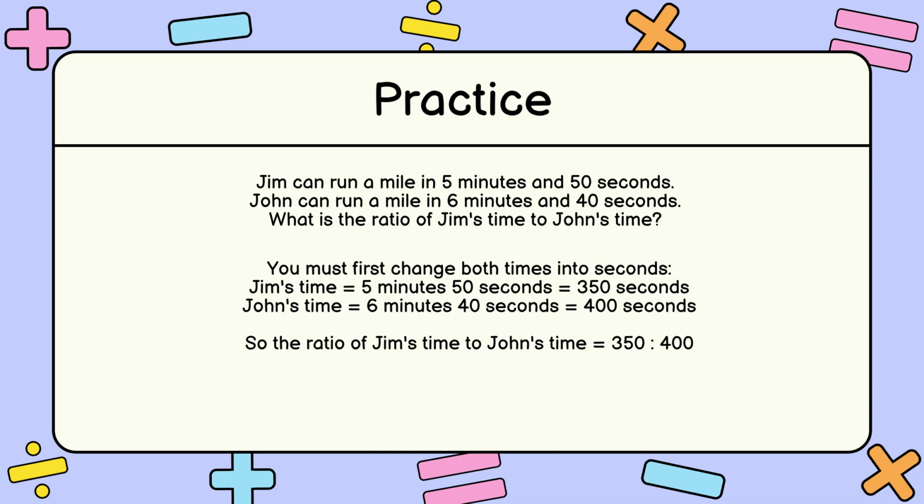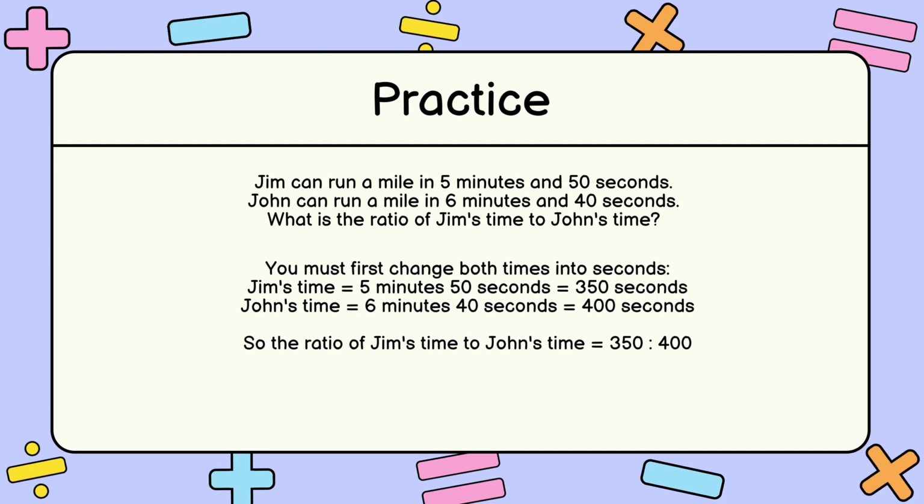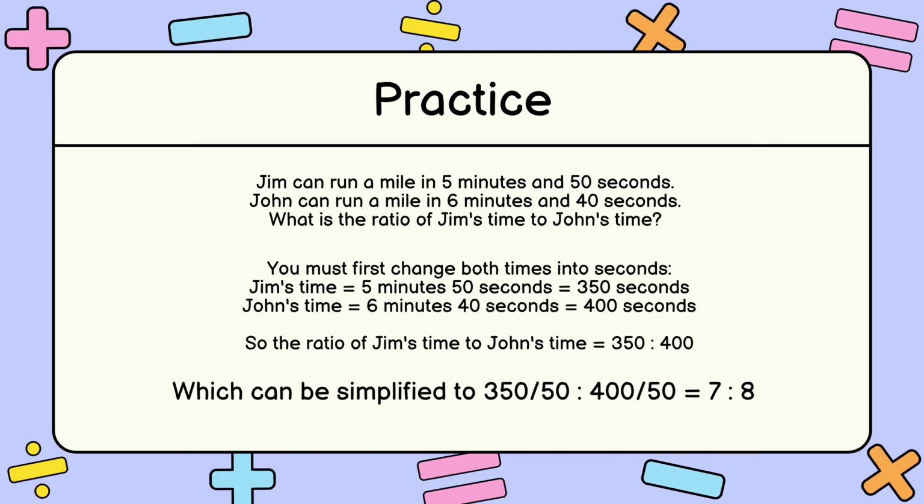Now, both are expressed in the unit of seconds. So, the ratio of Jim's time to John's time is 350 to 400. But we need to simplify. We can divide them by 50 to simplify it. It will be reduced to 7 to 8.